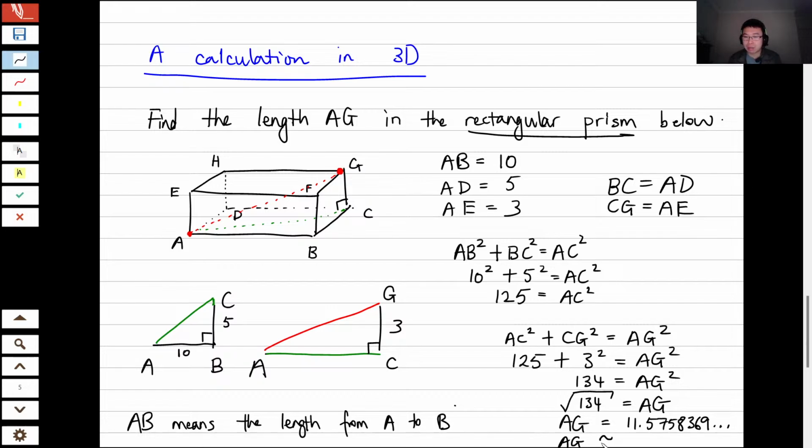So I'm going to say AG is approximately equal to 11.58. And the reason why I've rounded up is because this third digit after the second decimal place is 5 or larger. So if the number is 5, 6, 7, 8, or 9, I round up. Otherwise, I'll round down, but here I round up because the number is 5.